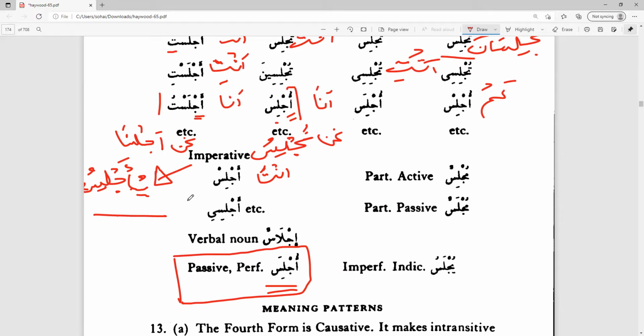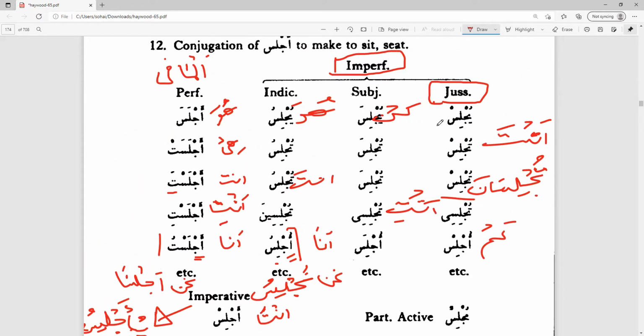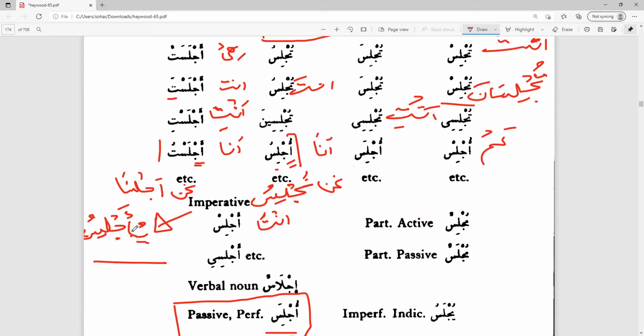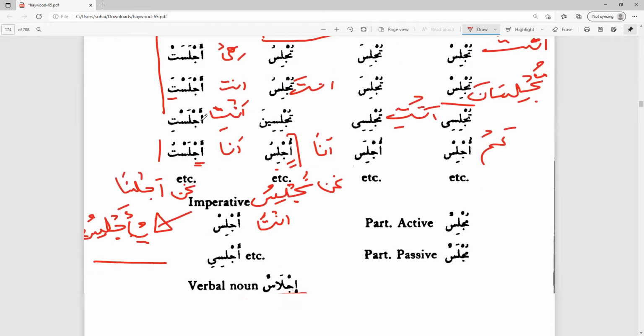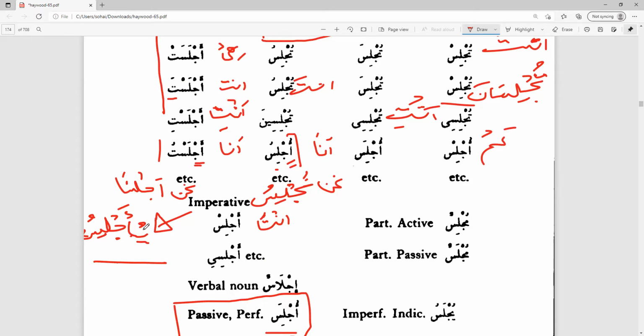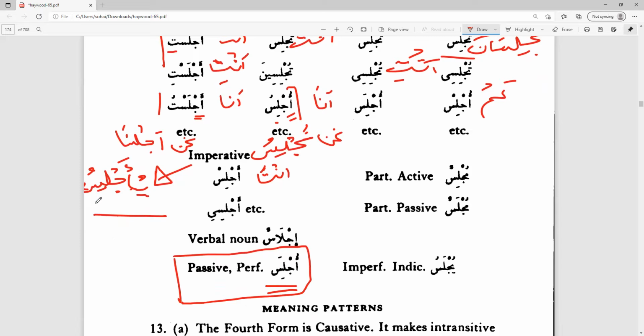In the madi, in the mudari, originally, before the Arabs changed it, you could imagine it having alif, because it had alif in the past. The only thing that changes is the ya, ta prefixes at the front. So it was usually yuajlisu and so forth.